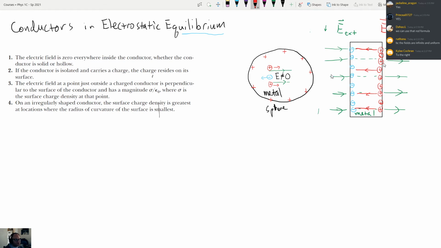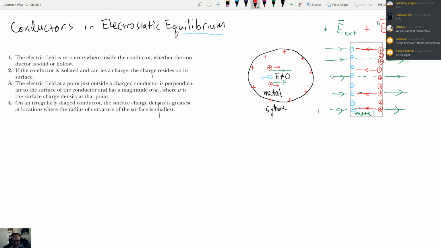So once all the charges have started moving and the system reaches equilibrium, that's what we're talking about here, the sum of these two fields on the inside will be equal to 0. Because that's the point when the charges will stop moving: when the total electric field is 0.